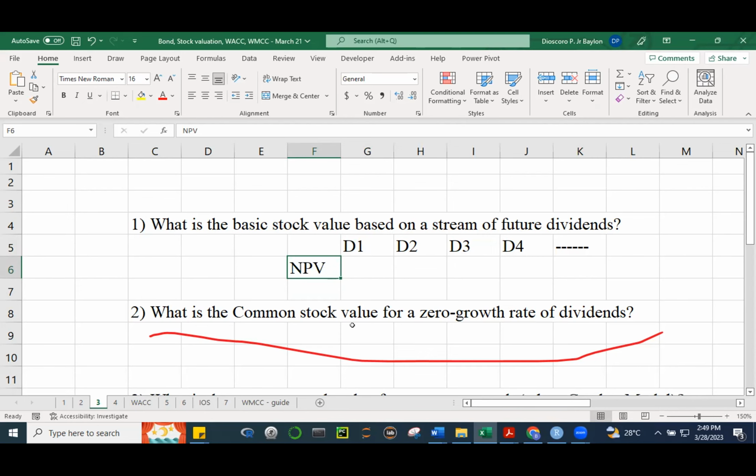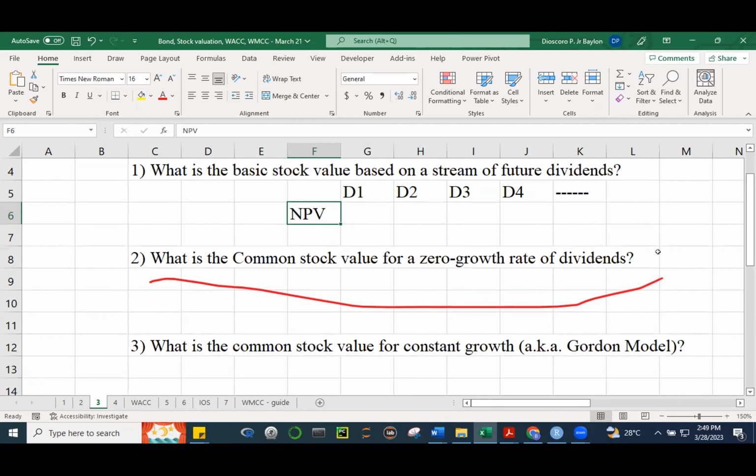Okay, how about what is the common stock value for a zero growth rate dividends? Zero growth rate dividends, so what does that mean? Your dividend next year will be equal to your dividends. So it will be a constant stream of cash flow, D1, and then another D1, and then D1, and then D1, etc. Since this is zero growth dividends, your dividends will just be the same all throughout.